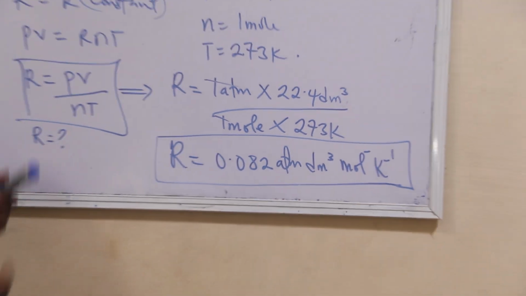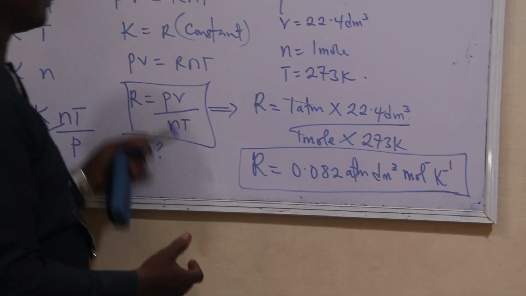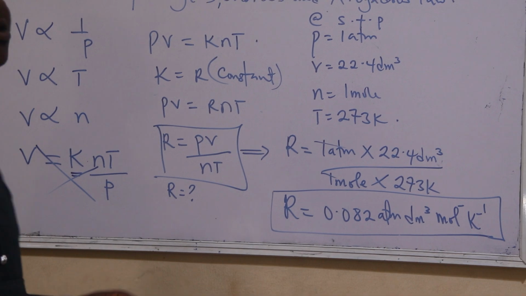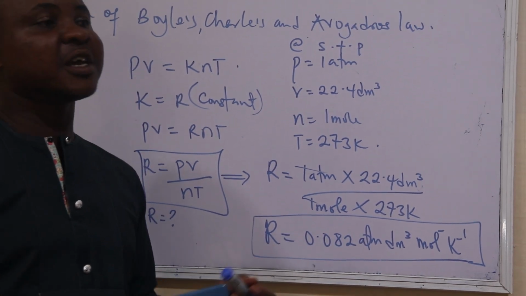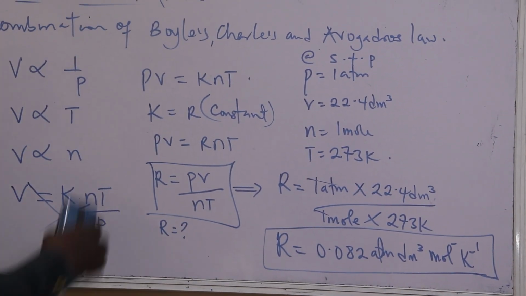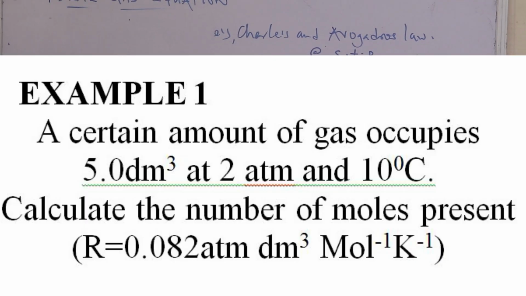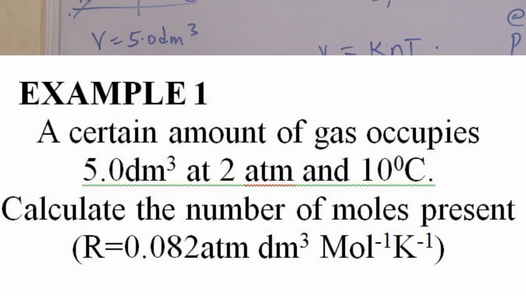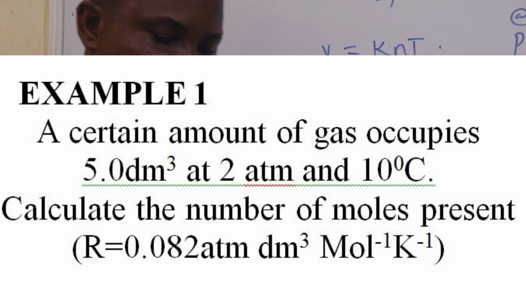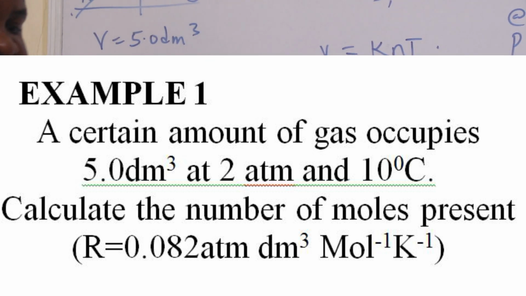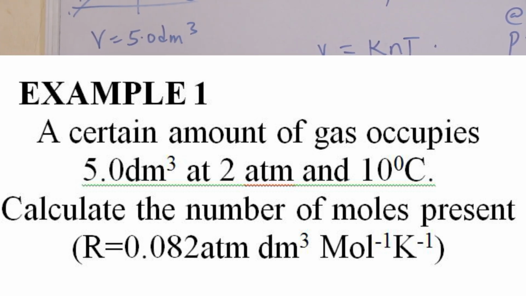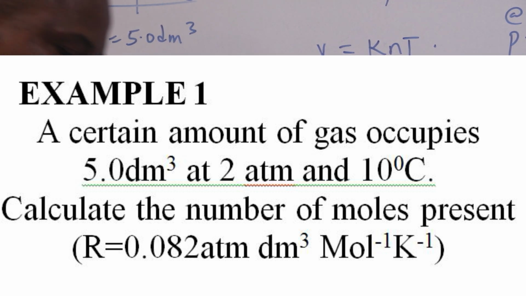Let's take a look at how we can use this formula to tackle some problems in chemistry. Let's look at example 1. A certain amount of gas occupies 5.0 dm³ at 2 atm and 10 degrees C. Calculate the number of moles present.